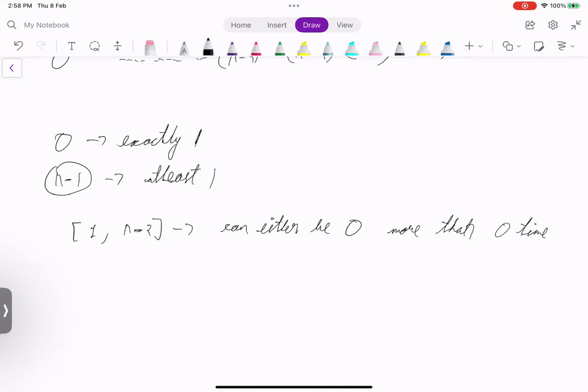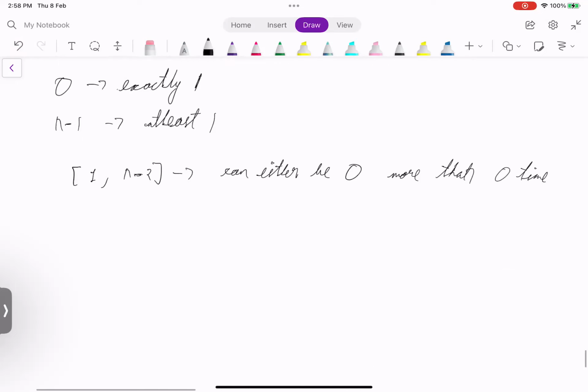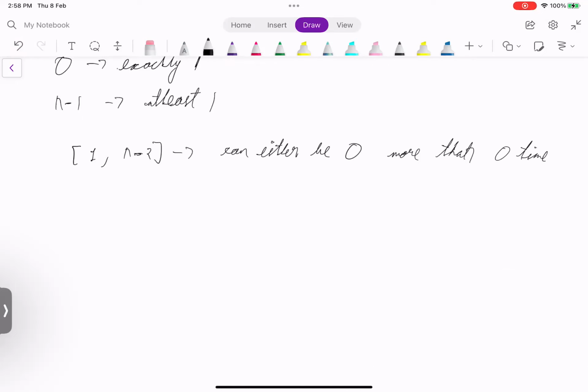For now, the main observations are 0 will occur exactly once, n minus 1 will occur at least once, and any number in the range 1 to n minus 2 can occur either 0 times or more than 0 times. Right? Now from this claim, if we just formulate it, we can observe that we'll get n minus 1 into x1 plus n minus 2 into x2 plus so on plus n minus y into xy, right?